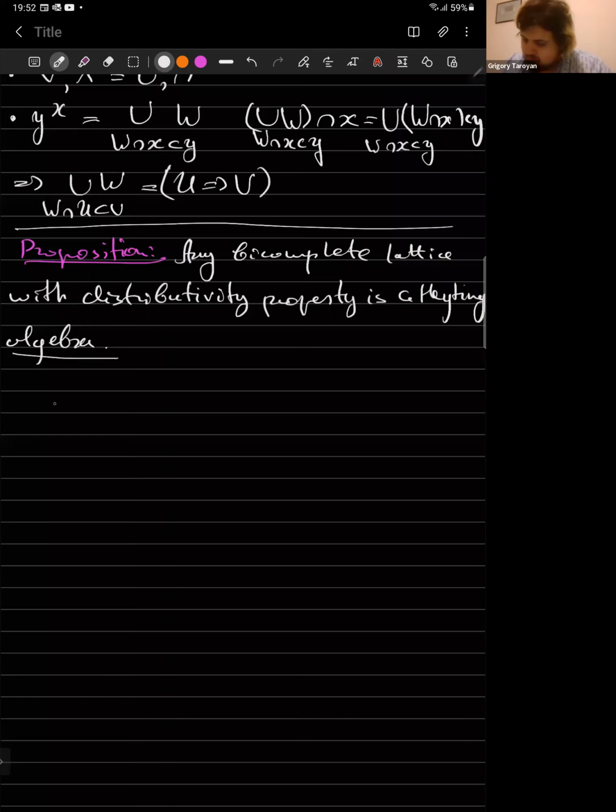So in a closed category, we have a canonical morphism from x to (x times y) to the power of y. So it's the co-evaluation, and we also have an evaluation morphism, which looks like this.